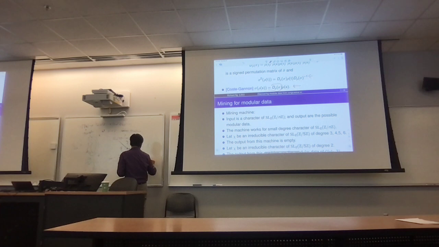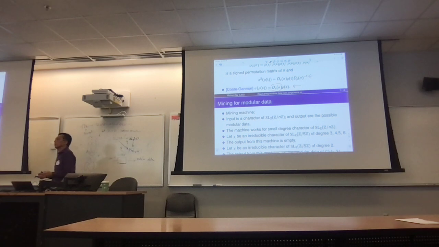If you don't get anything, you get the empty set. If you get something, you spell it out, all of them. So this is my mining machine. I'm searching for some very precious metal, or rather, this is my jewel actually.